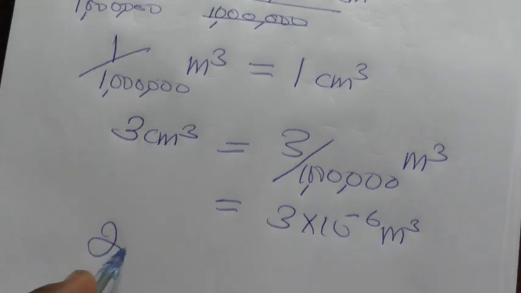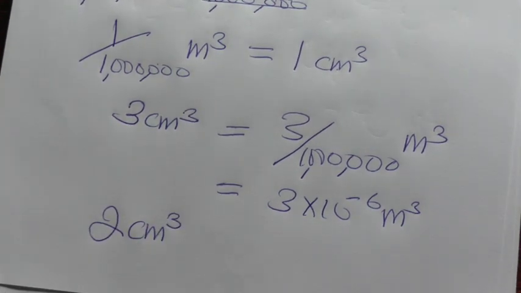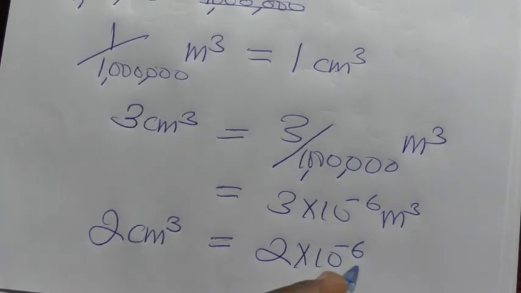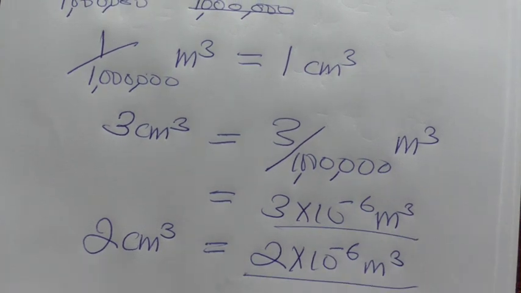The same applies to the 2 cubic centimeters. This will now be 2 × 10^-6 meters cubed. So I have converted the centimeter cubed to meter cubed.